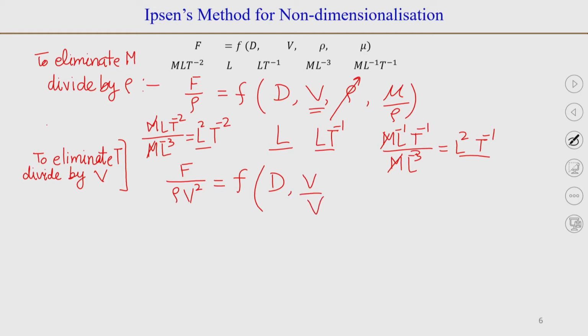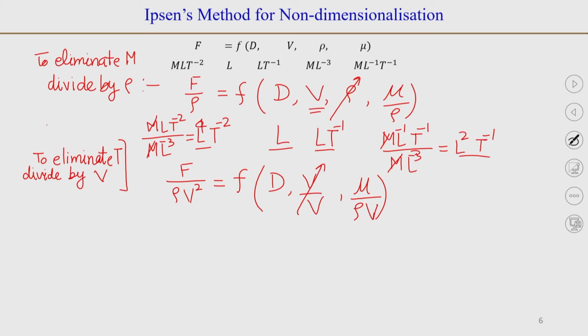So, this has become dimensionless and we do not need to consider it anymore, and for mu there is time raised to the power minus 1. So, mu by rho we will divide by V only. Now, if we look at the dimensions for this group, it will be L squared T raised to the power minus 1, and we have divided by V squared. So, sorry, this should have become L raised to the power 4, 3 plus 1, 4.